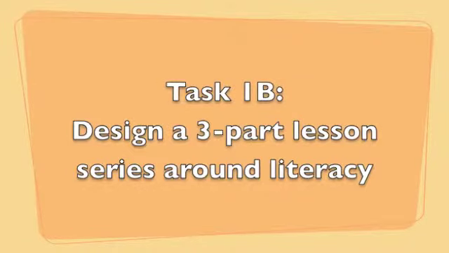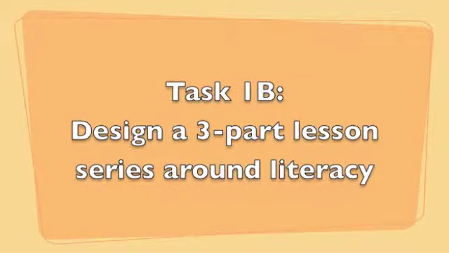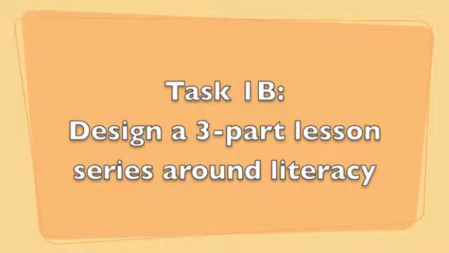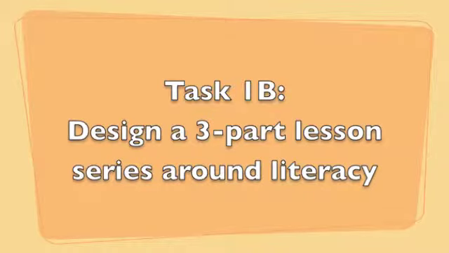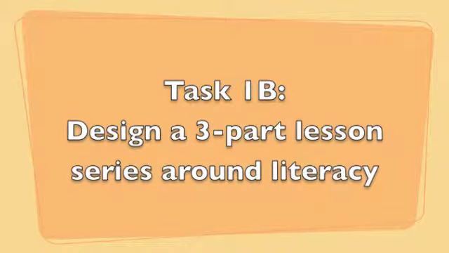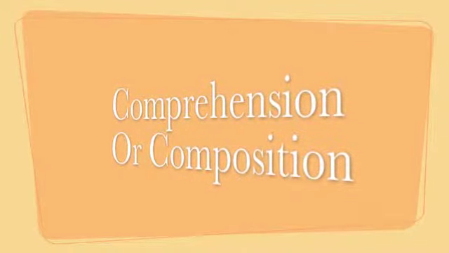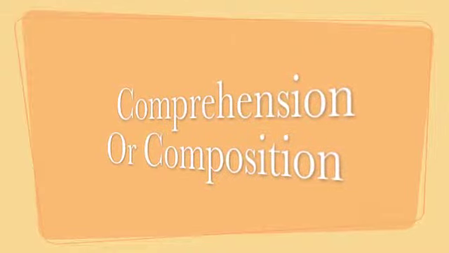And then the second part, in task 1B, is to design three lessons. The lessons are a series, which means they build on each other, and they're all focused on a central literacy outcome. It can either be comprehension, reading based, or it can be composition, writing based.